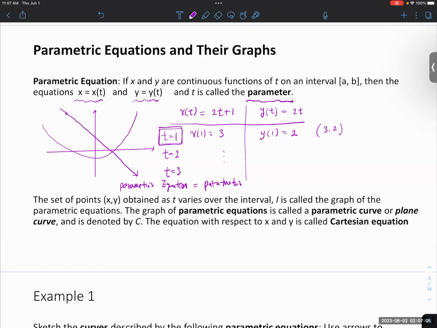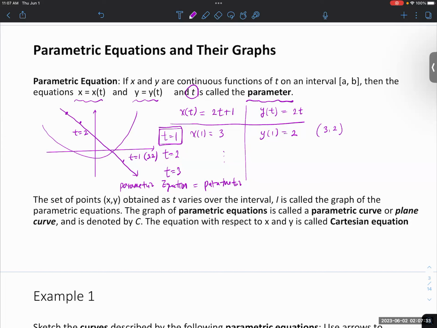Here we have t equal to 1, which gives 3. I'm just approximately graphing it. Then t equal to 2, and your graph is going to be something like that. We call t a parameter, an independent variable, and both the x and y functions rely on t.